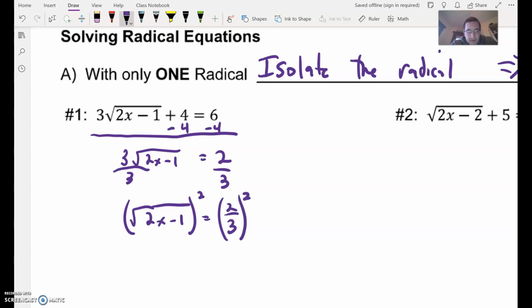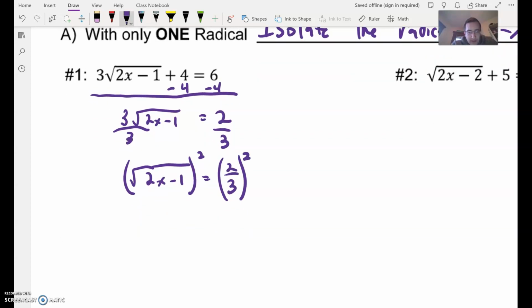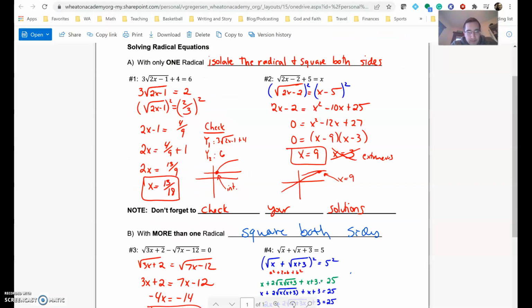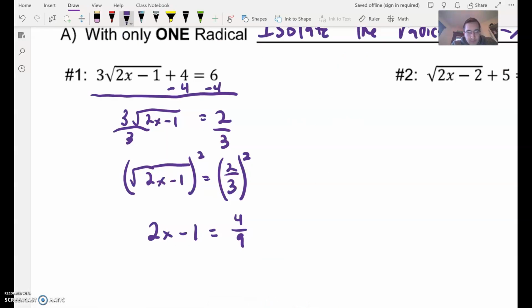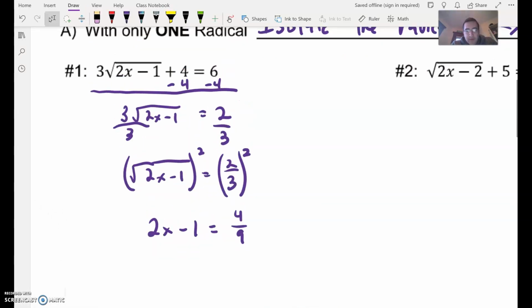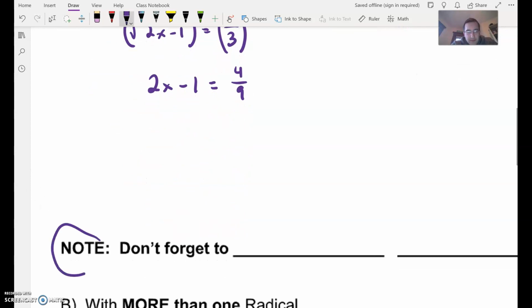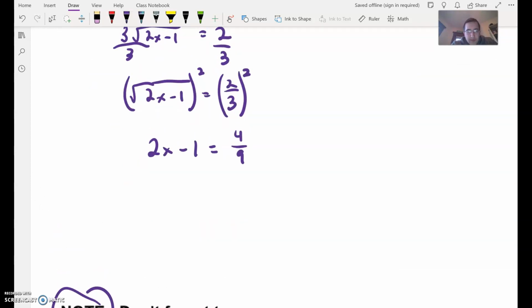Now we're going to square both sides. We can put that in parentheses if we want. Squaring cancels out a square root, inverse operations. So we have 2x minus 1 equals 4/9. You don't need plus or minus here; that's when you take the square root of something, but when you square it, you don't need that.